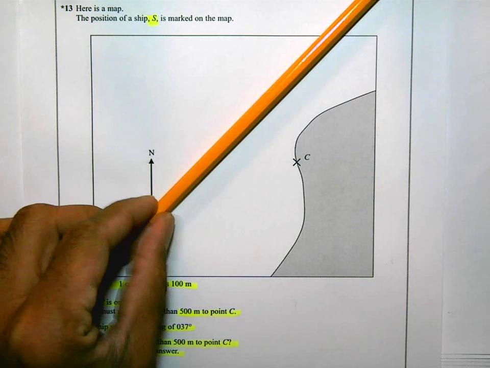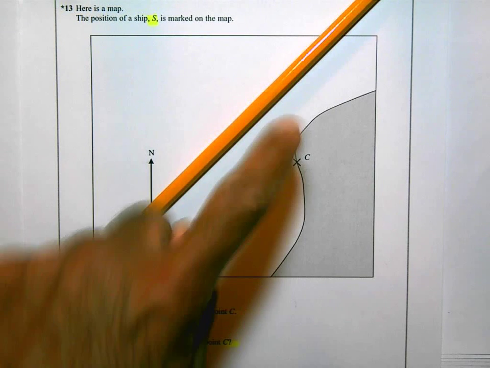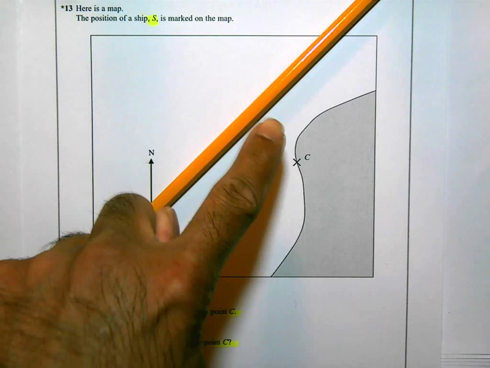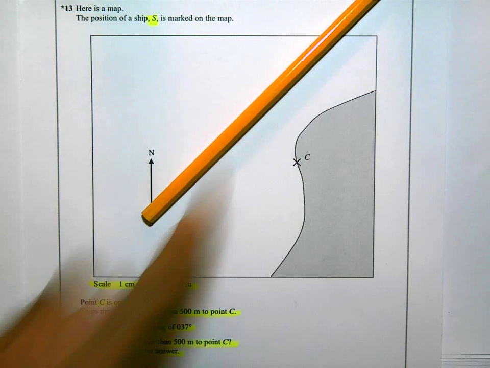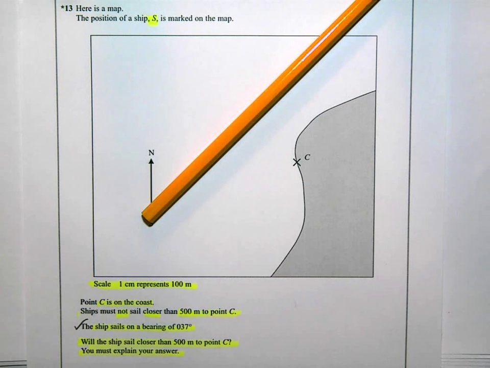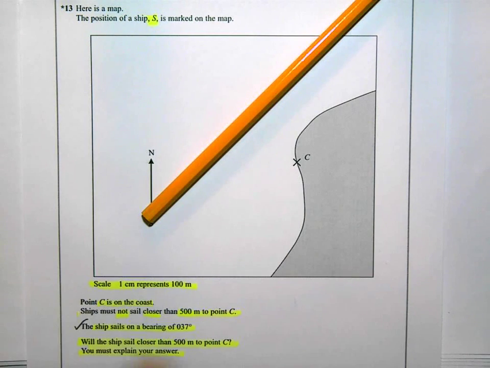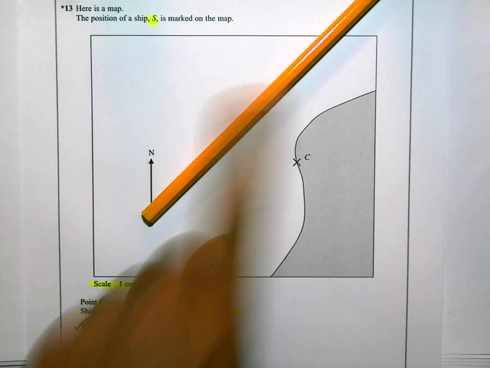I want to draw a line there, because if at some point in its journey the ship is closer than 500 meters to C, I'll be able to say yes or no whether it does or doesn't sail closer than 500 meters to C. What I will do from here is draw a circle of all the points which are 500 meters away from C using this scale.